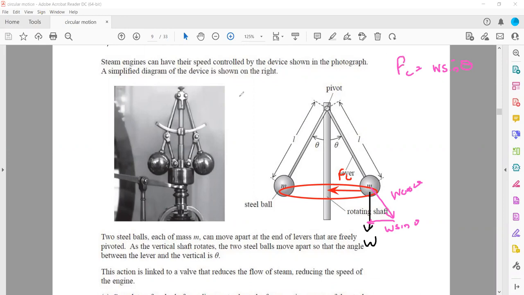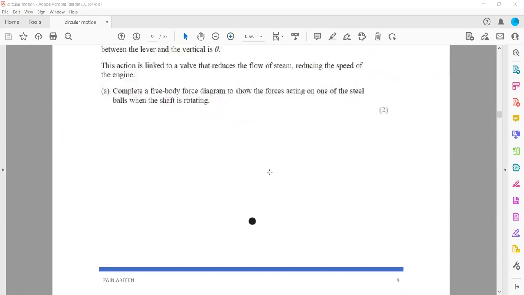The centripetal force is equal to mr omega square, or we also have the formula m v square over r. Any one of them you can use, where r is the radius of this circular path, which is equal to L sin theta. So you just have to substitute the values and get the final answer.